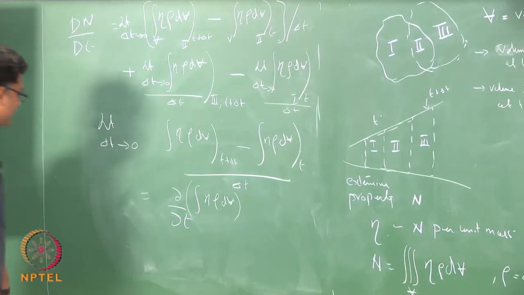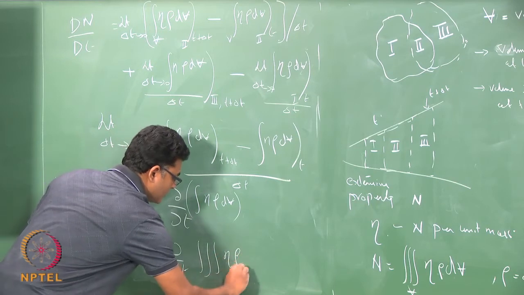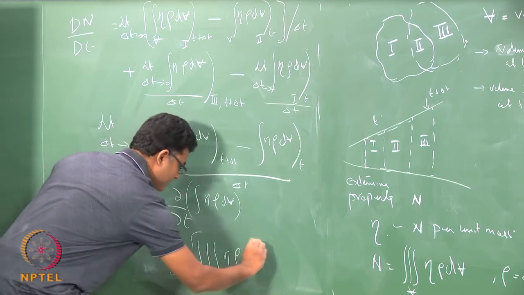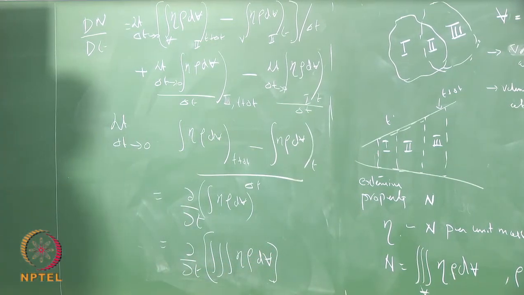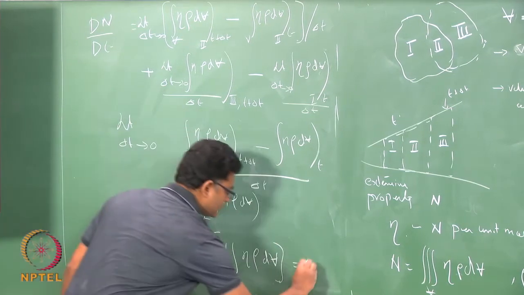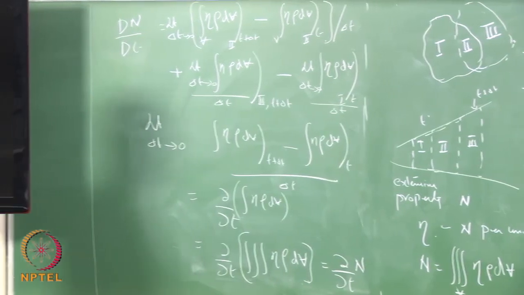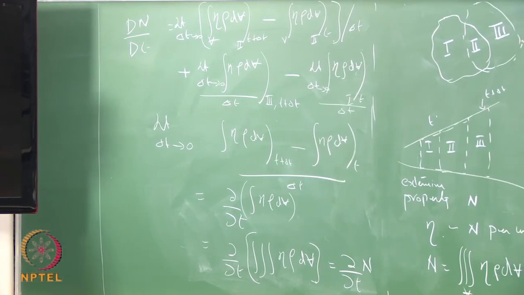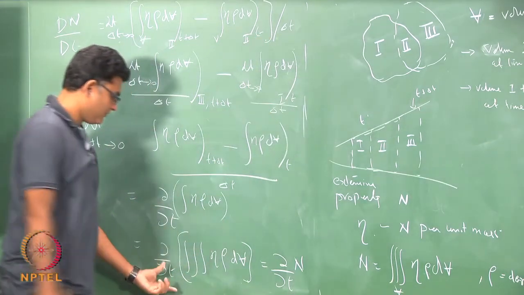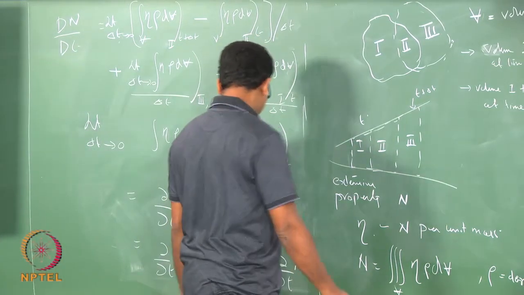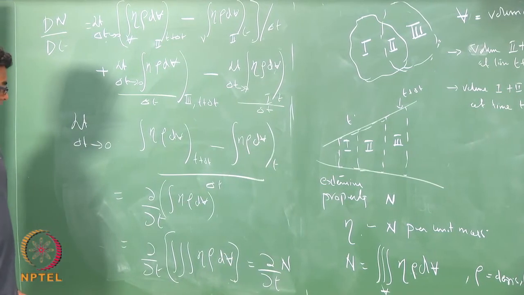Okay, and these are triple integrals. So, you could write this as dou by dou t of N. So, this term is the unsteady part of the material derivative of N. Okay.